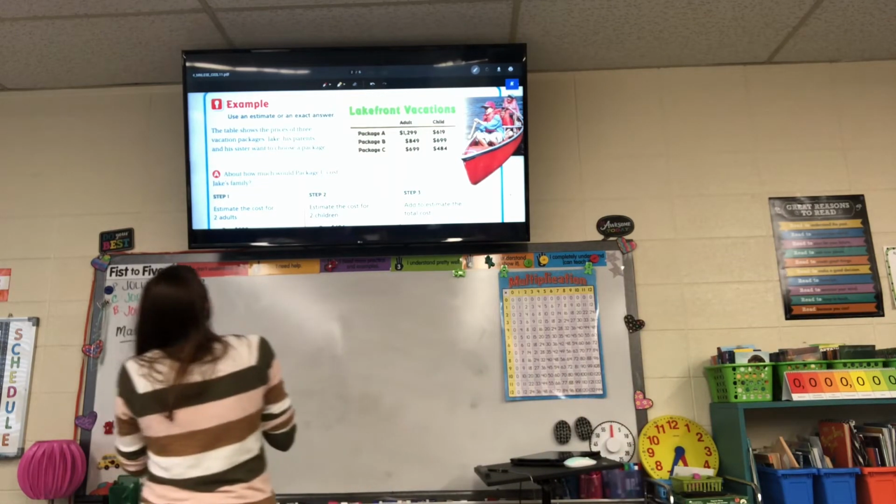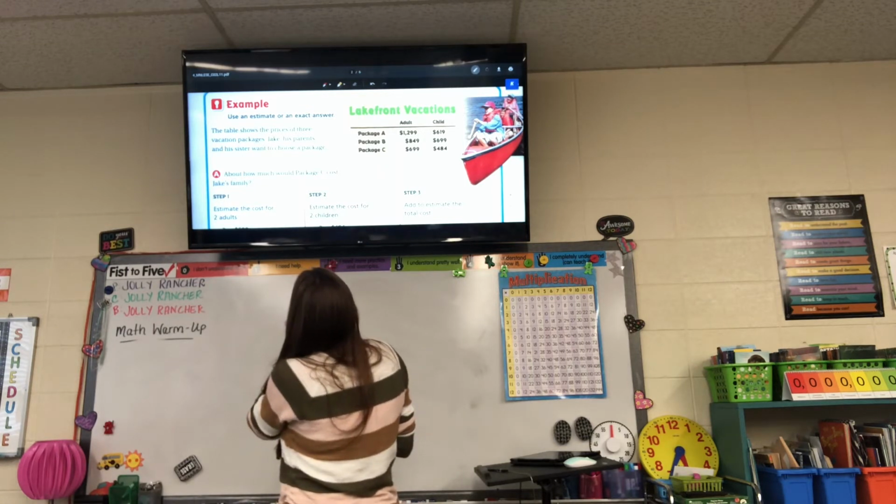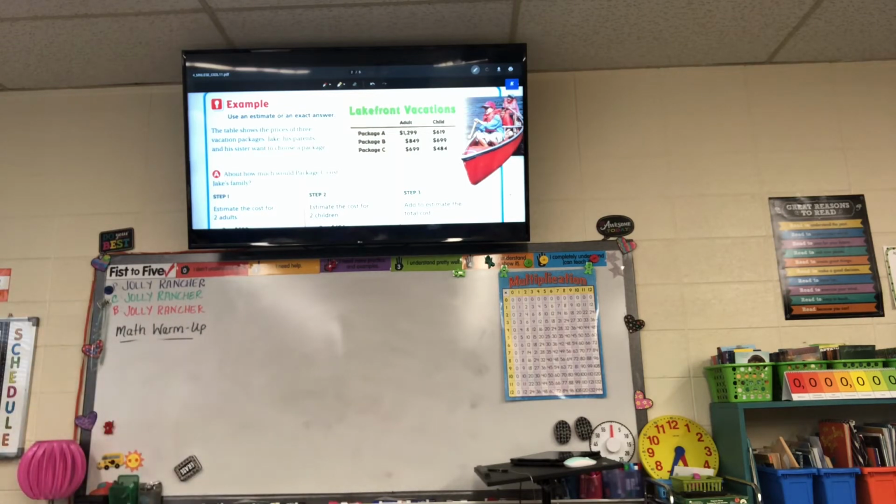So it says use an estimate or an exact answer. If they wanted us to use an estimate, what would a key word be that they would say? If it's okay to use an estimate. Ethan? About.